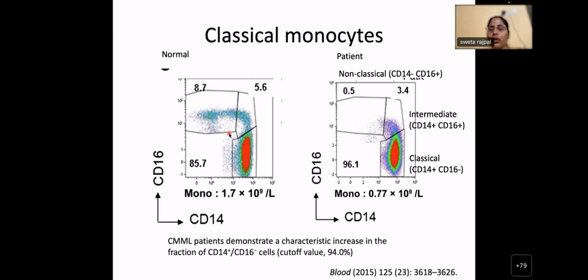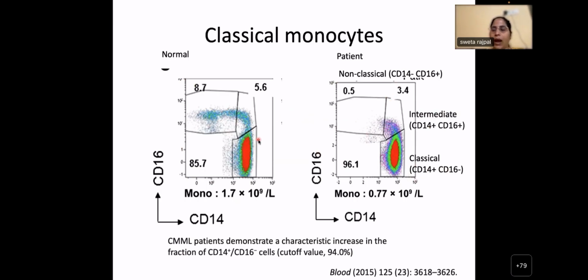When we talk about classical versus non-classical monocytes, we categorize them based on CD14 versus 16. The classical monocytes are CD14 positive while 16 negative. Intermediate are 14 and 16 positive, while non-classical are 16 positive, 14 negative.